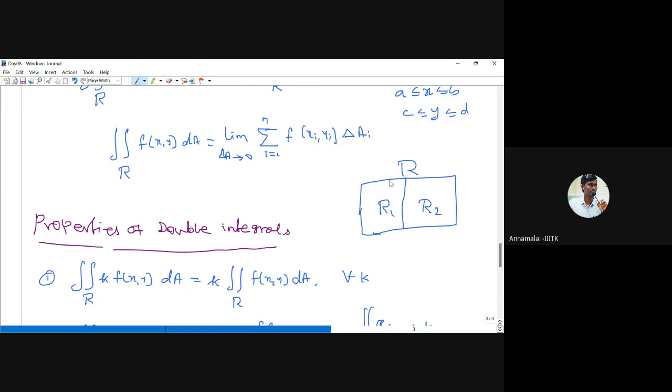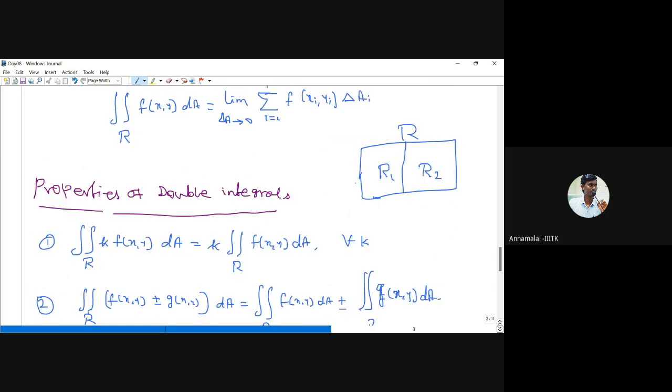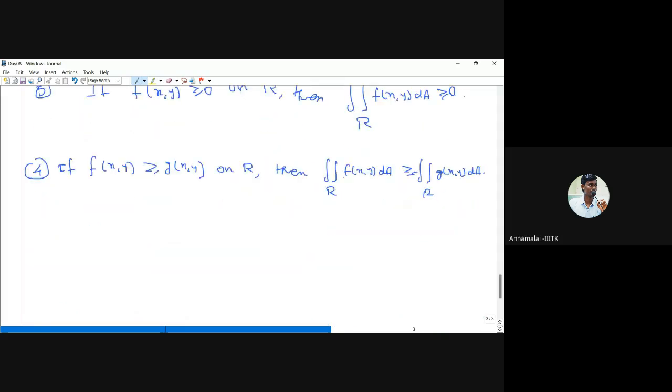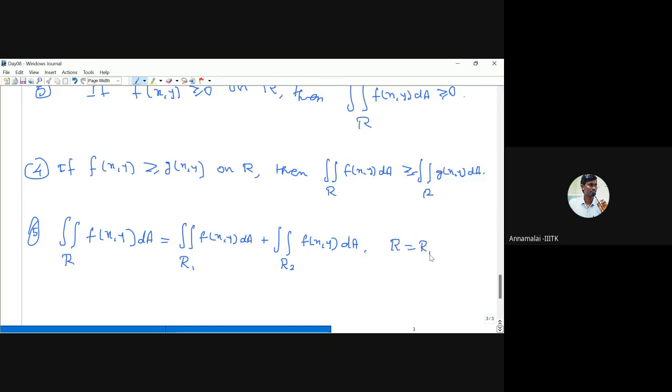Then the double integral over R of f of x comma y dA can be written as the double integral over R1 of f of x comma y dA plus the double integral over R2 of f of x comma y dA, where R is R1 union R2, but there is no common element between R1 and R2. That is, R1 intersection R2 should be the empty set.